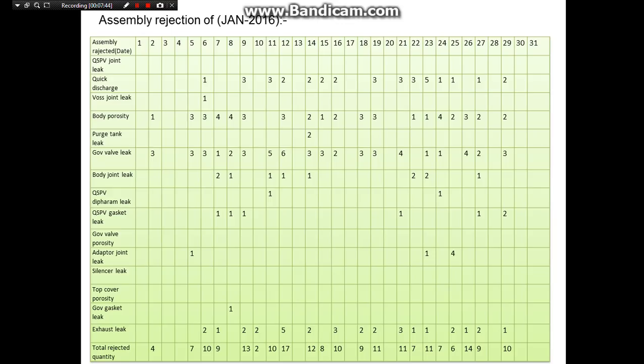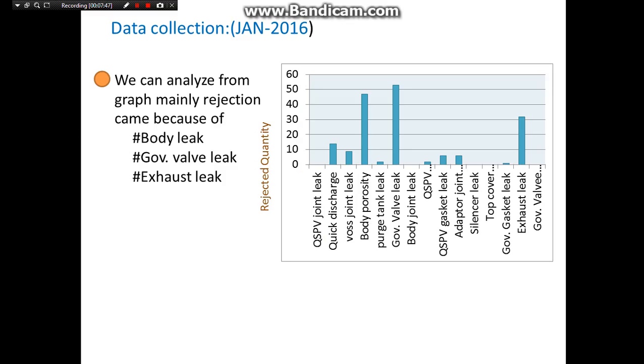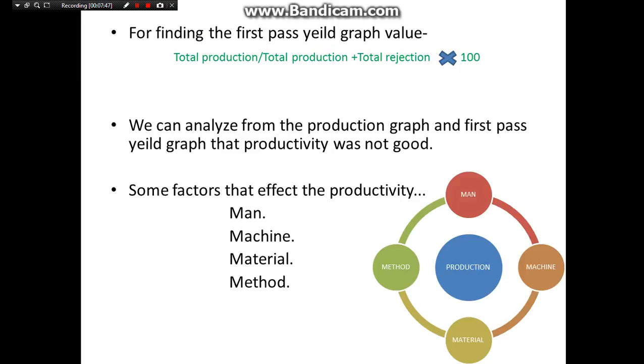This is the assembly rejection of January. For finding the first pass yield graph value, we have to use this formula: total production upon total.